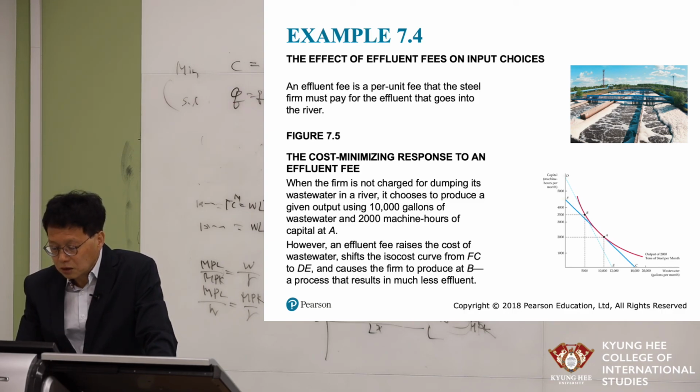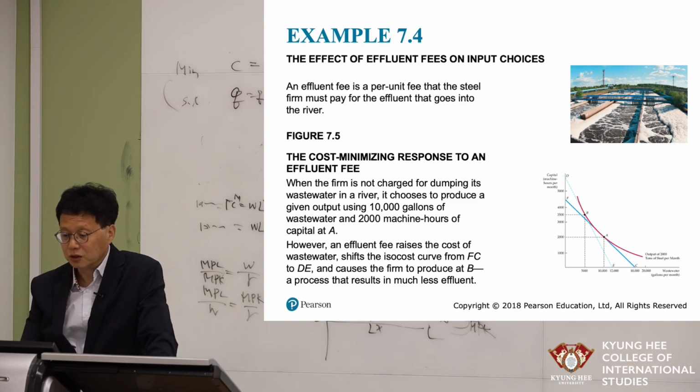The government imposed an effluent fee, a pollution fee. So using wastewater is more expensive than before. So the isocost line changes like this, right? So the new optimal input mix of wastewater and capital moves to B. Okay, so the firm uses less wastewater and more capital. That happened after effluent fees were imposed.